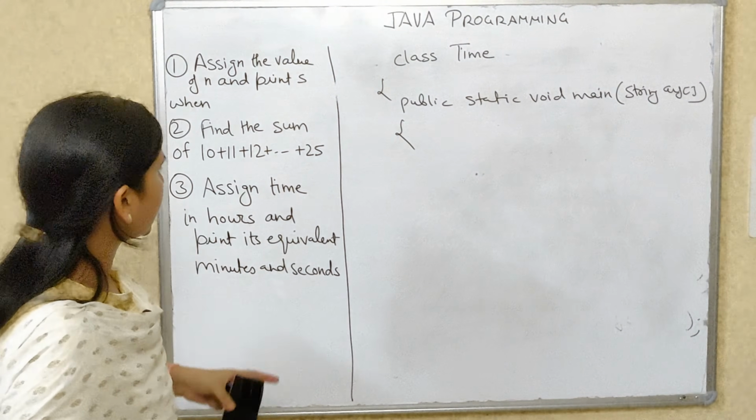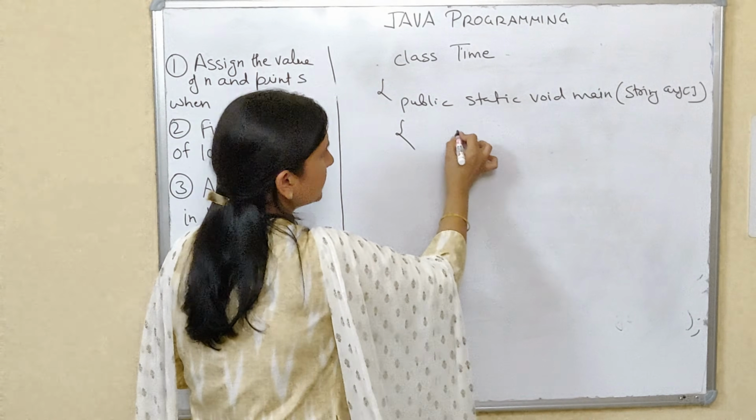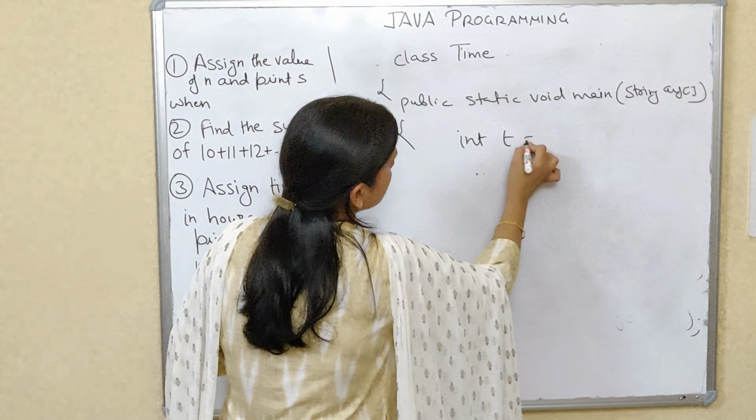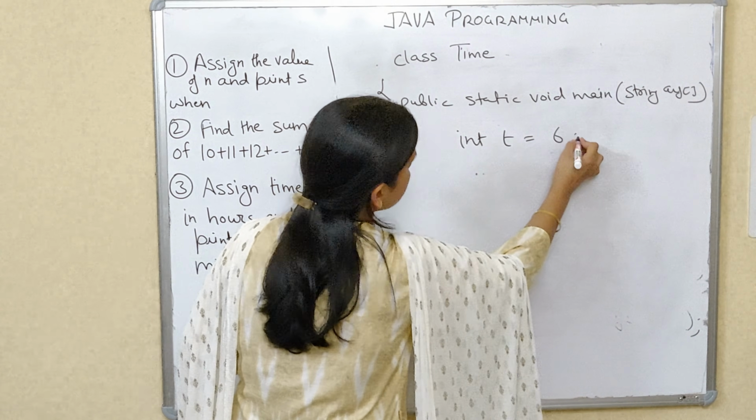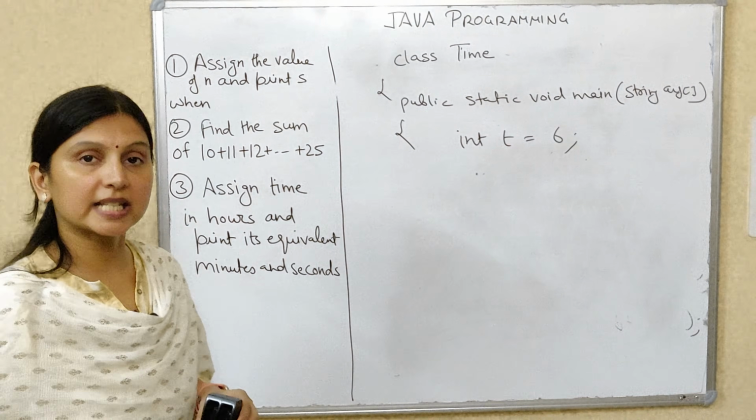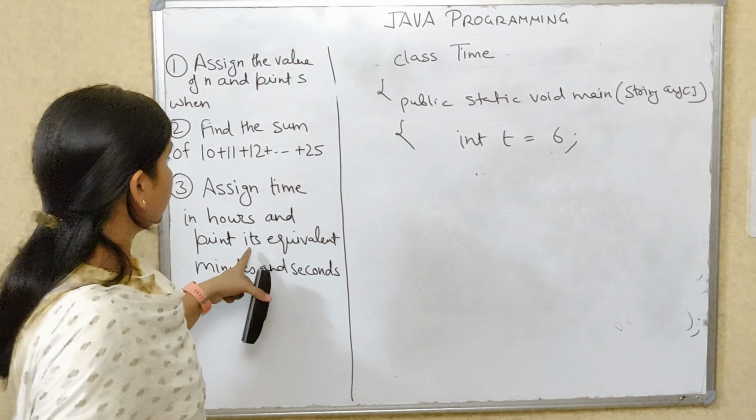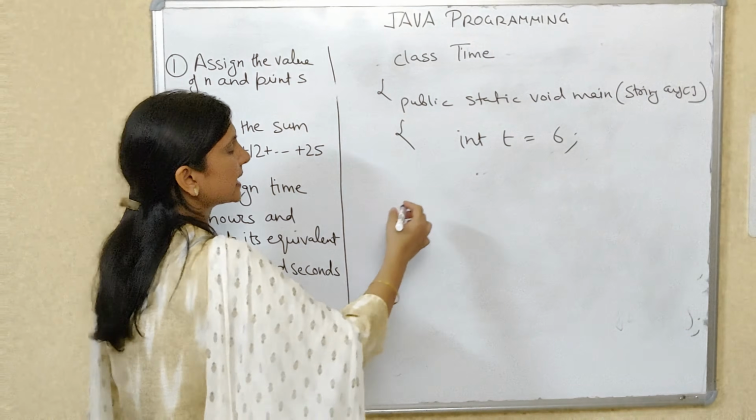And assign time in hours. So let's take a variable t. Let's assign time, suppose 6. What are 6? 6 hours. Print its equivalent minutes and seconds.